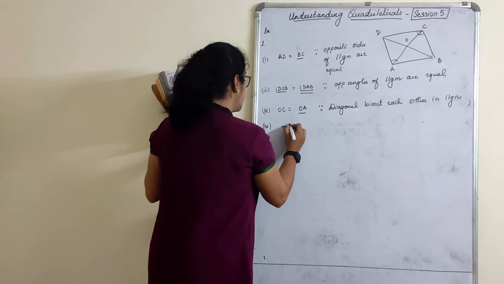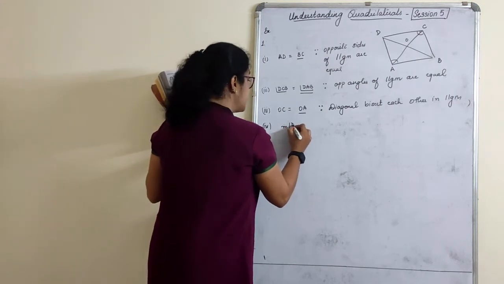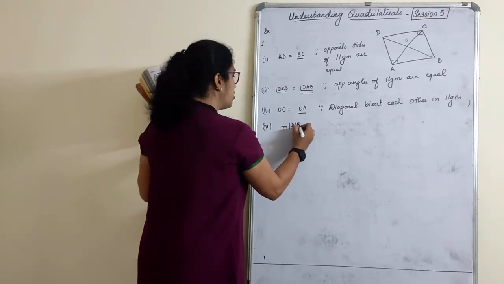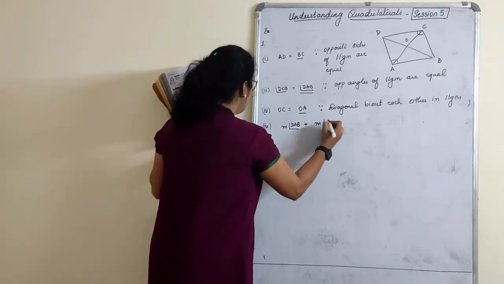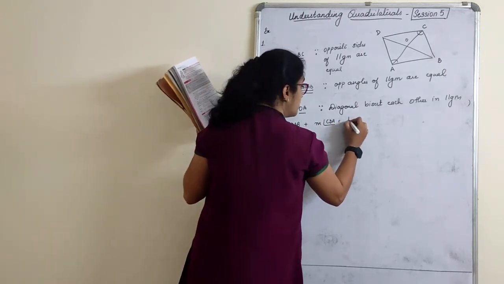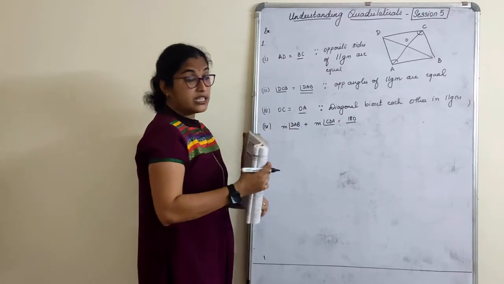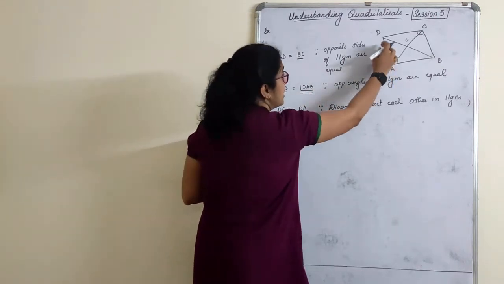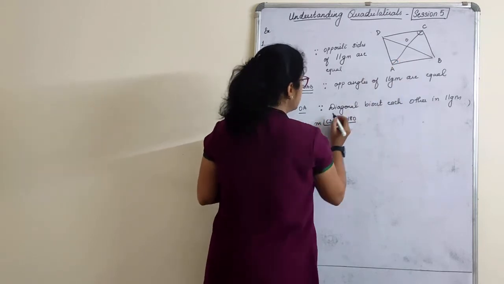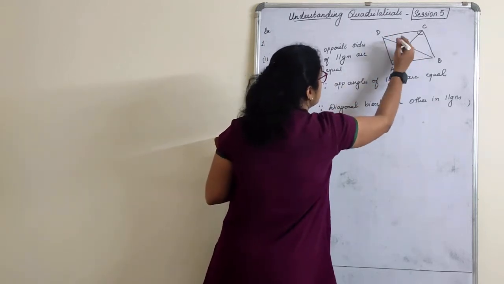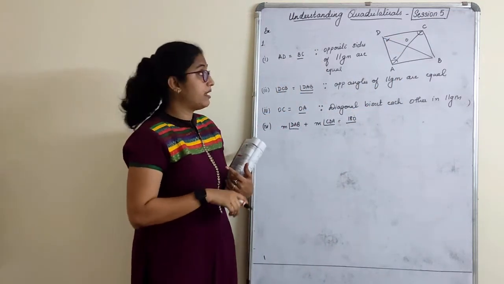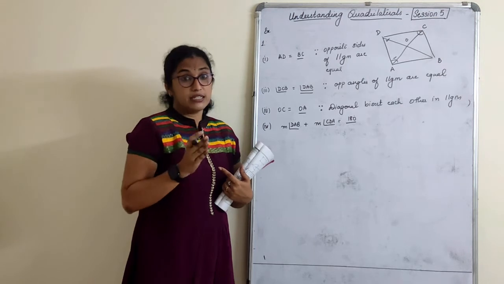And the last one, M stands for magnitude or measure. That is, measure of angle DAB plus measure of angle CDA is equal to what? Equal to 180. M stands for measure. What is DAB? This angle plus CDA, so this angle plus this angle. They are adjacent angles of a parallelogram. We also call them consecutive angles.